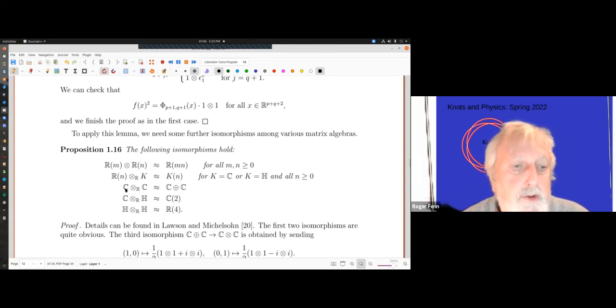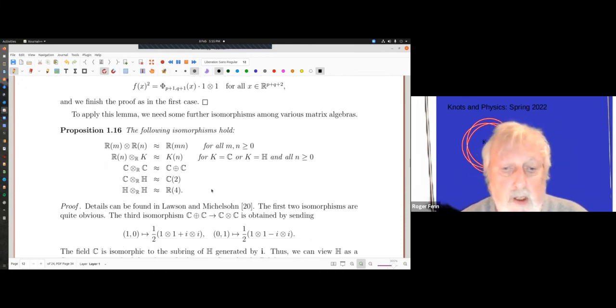This one here is an oddity. It looks odd. If you take the tensor product of the complex numbers with themselves over R, it's the same as the direct product, and it gives the isomorphism here.